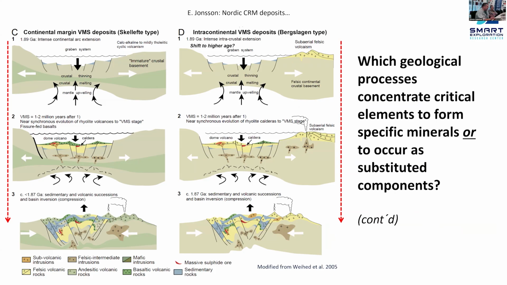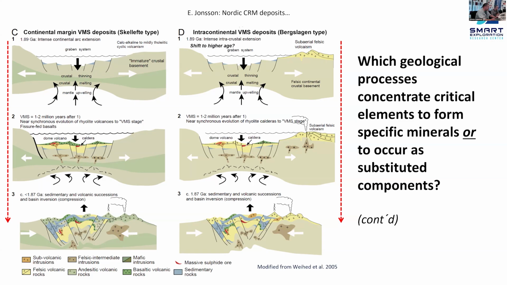This is just to highlight for all of you out there the complexity of trying to reconstruct geological processes happening in the past. We're looking here at the Fennoscandian Shield, the Nordic countries, where predominant rock types, for example, in Sweden, are between 2,000 and 1,800 million years old.